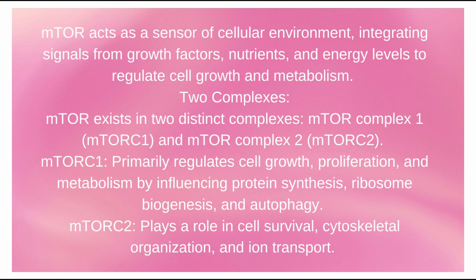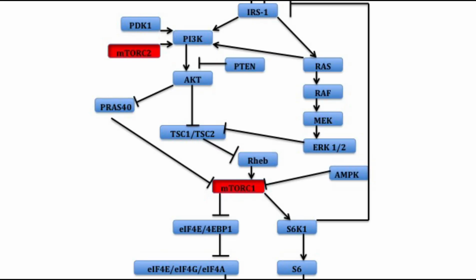So the core components of the mTORC1 pathway are: insulin, whose role is to activate the pathway; then PI3K, that is phosphoinositide 3 kinase, which produces PIP3; and the molecule AKT, that is protein kinase B, which activates the cell survival signal.